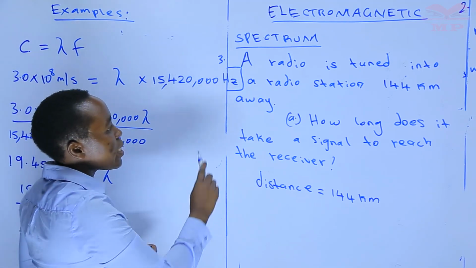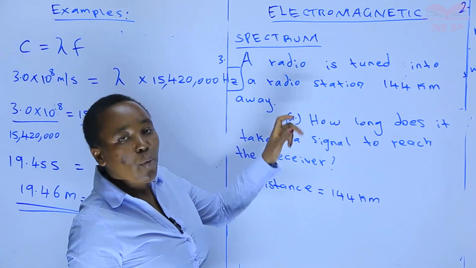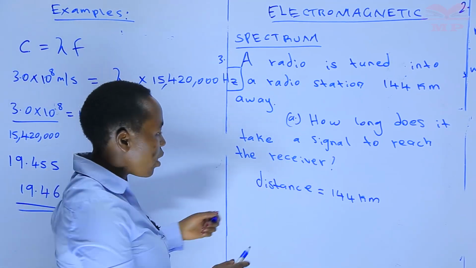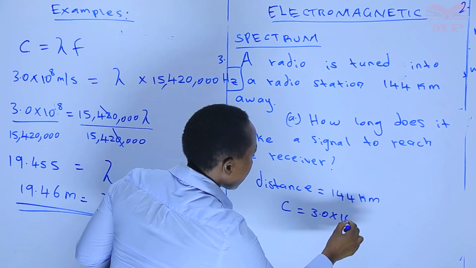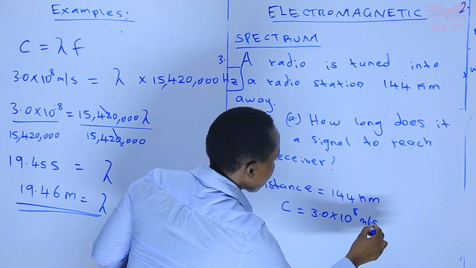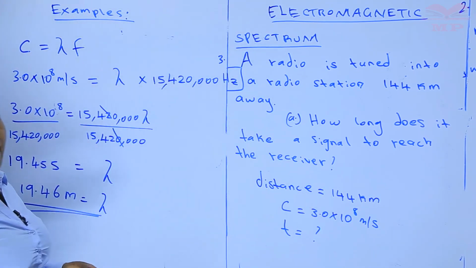And we know that since this is a radio wave, the speed of that radio wave will be the speed of light, which is 3.0 times 10 power 8 meters per second. So we want to know what's the time taken. How long does it take a signal to reach the receiver?